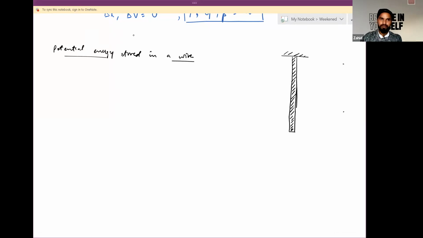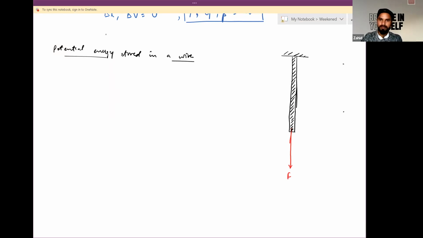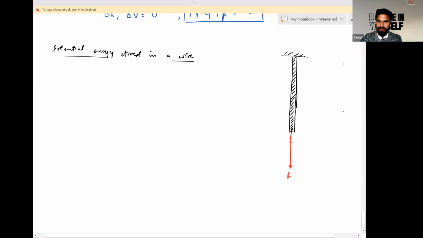On application of a deforming force F along this direction, this wire may get stretched by some amount.